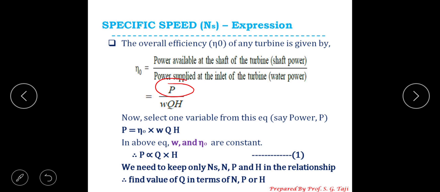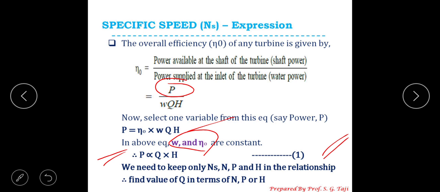We can rewrite this equation as P equal to overall efficiency multiplied by WQH. In the above equation, W and overall efficiency are constant. Therefore, power is proportional to capital Q multiplied by capital H. We call this equation 1. This will be used in the last but one step to get the expression for specific speed Ns.